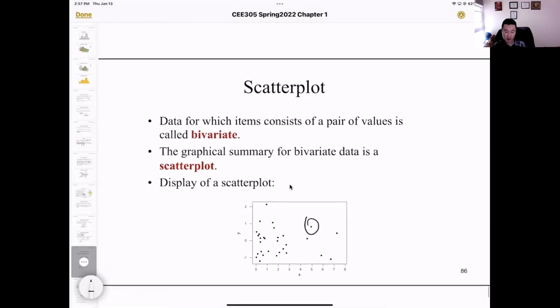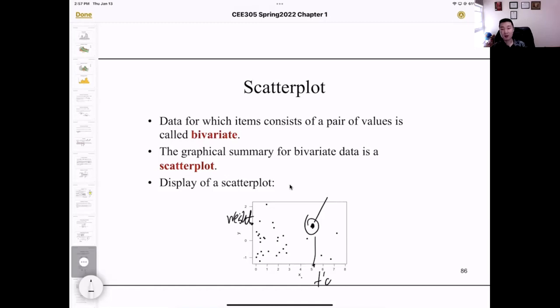Every single dot represents 1 sample item. For example, this is 1 concrete block. X, let's say, is the strength, f prime c, and Y, let's say, is the weight. So this dot means for that sample, the strength is 5 and the weight is 1.5.